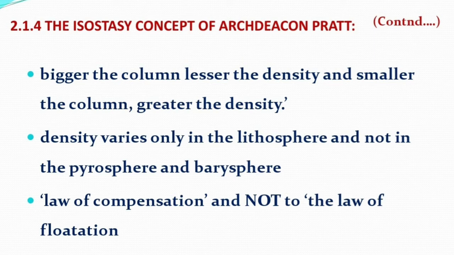According to Pratt, density varies only in the lithosphere and not in the pyrosphere and barysphere. Thus, Pratt's concept of isostasy was related to the law of compensation and not to the law of flotation.